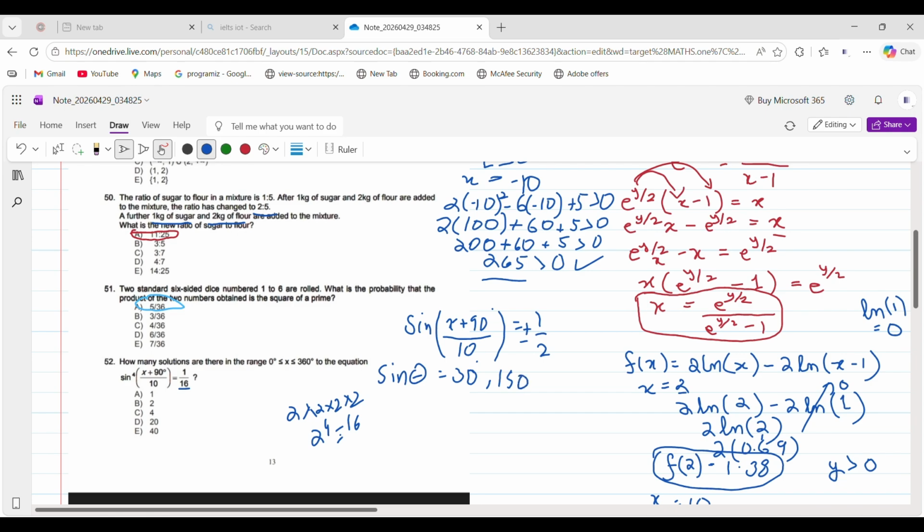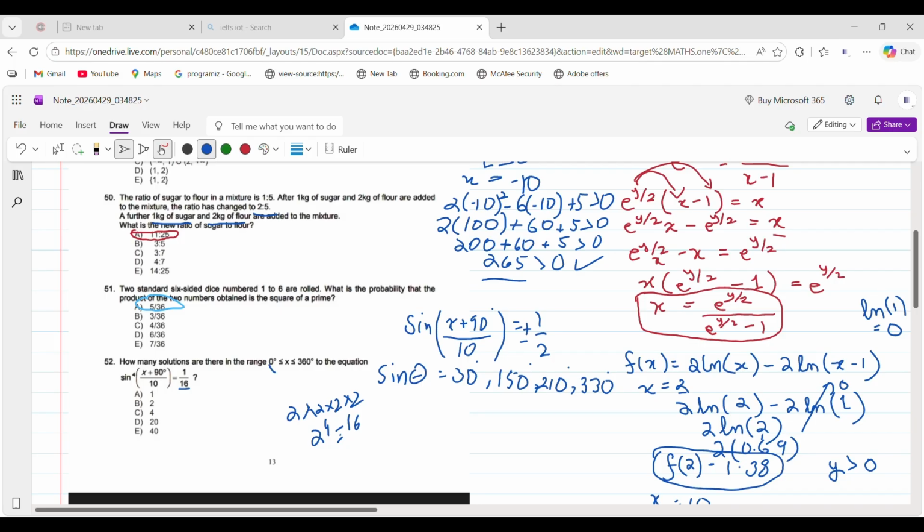At 150 degree I have again positive half. At 210 degree I have negative half, and at 330 degree I have negative half as well. So at these 4 degrees I would get either positive half or negative half. At sine 30 and sine 150 I would get positive 1 upon 2, and at 210 and 330 I would get negative 1 upon 2.